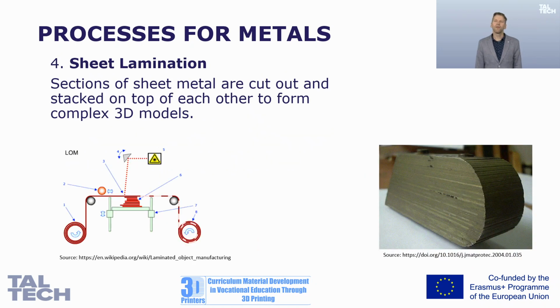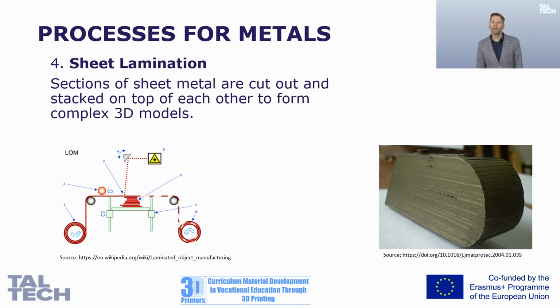And the last category of metal printing technologies is sheet lamination. In this technology we are using sheet metal. The raw material is in sheet form, so we are cutting out cross sections of parts and stacking them on top of each other.